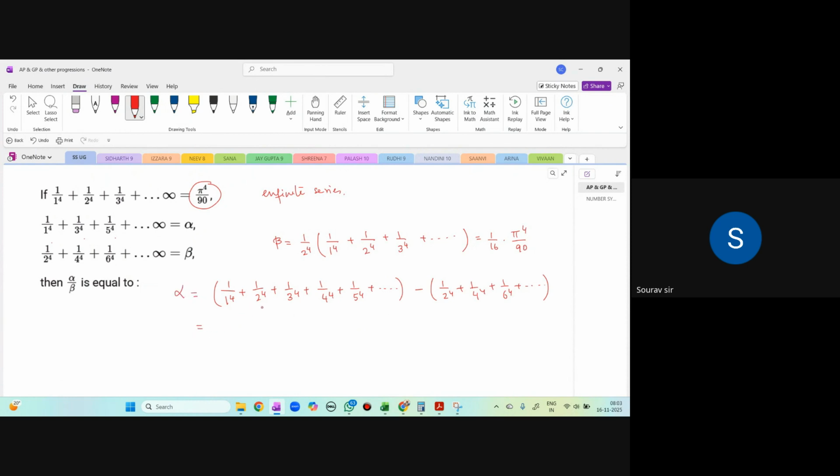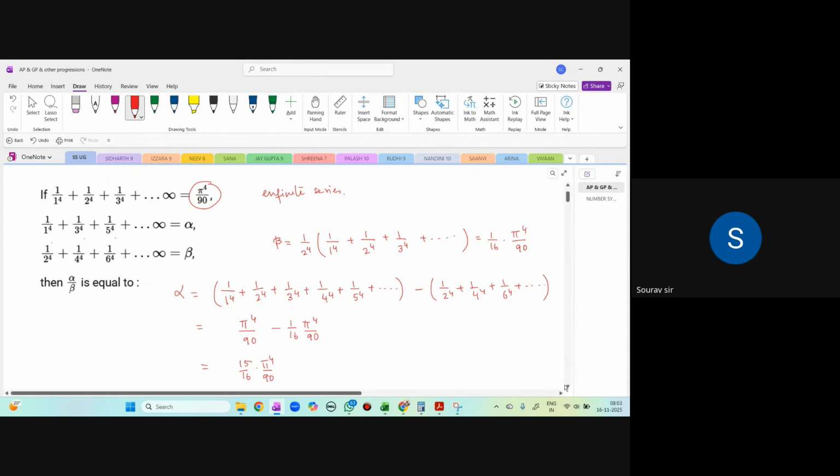So the first series is pi to the power 4 by 90. The second series is nothing but beta. Right? So this is minus 1 by 16 pi to the power 4 by 90. So 1 minus 1 by 16 is 15 by 16 into pi to the power 4 by 90.